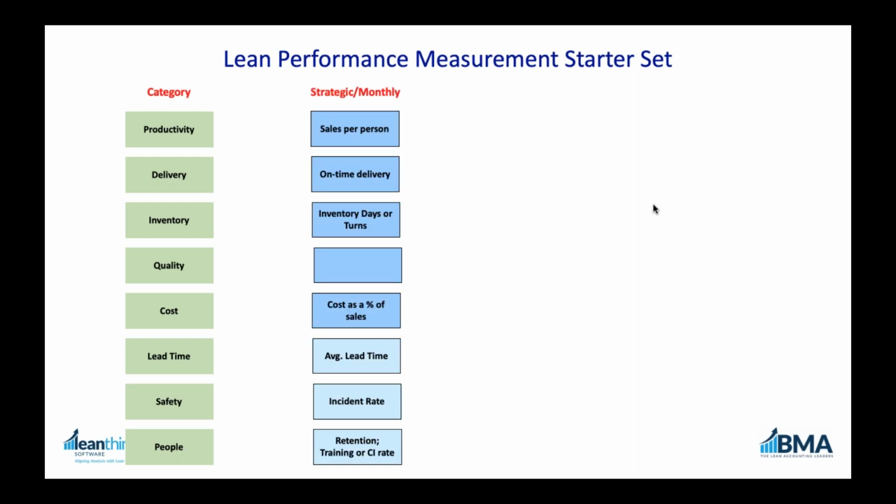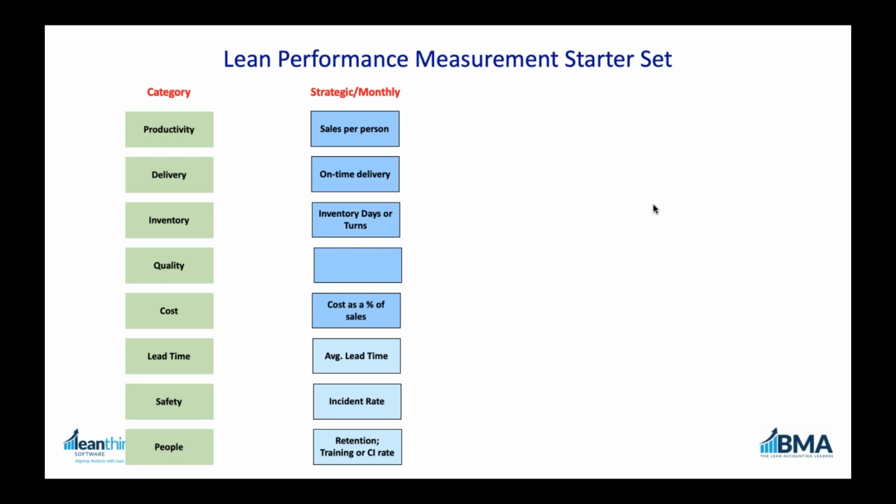So here are some basic strategic and monthly measures. We want to measure productivity, sales per person. We want to measure on-time delivery. If there's inventory, we want to measure inventory days or turns. Quality at a company level is very, very difficult to manage. Measure, not manage. You manage quality all through the organization.